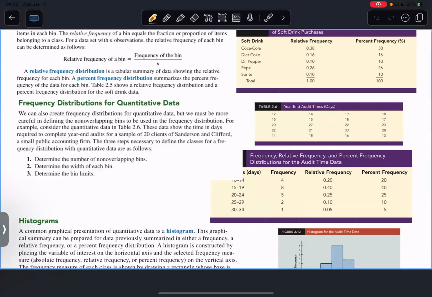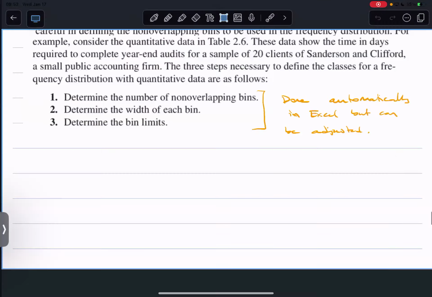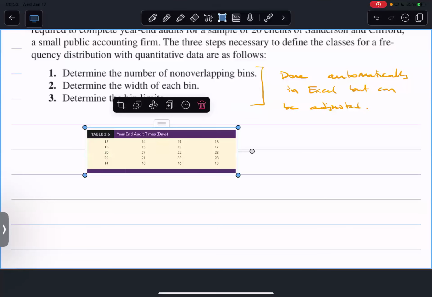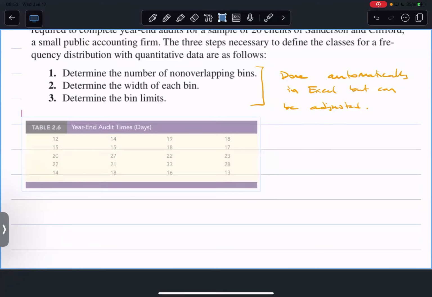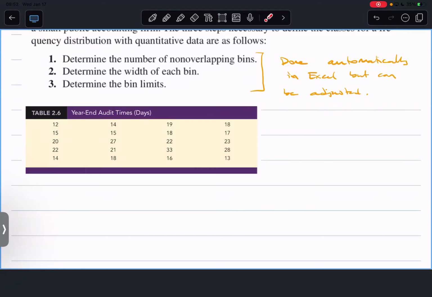So if we have data that looks like this, we've got some year-end audit times in days, and we've got these numerical measurements, 1, 2, 3, 4, 5 times 1, 2, 3, 4, 20 observations.